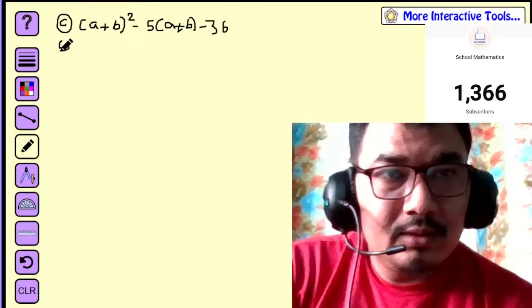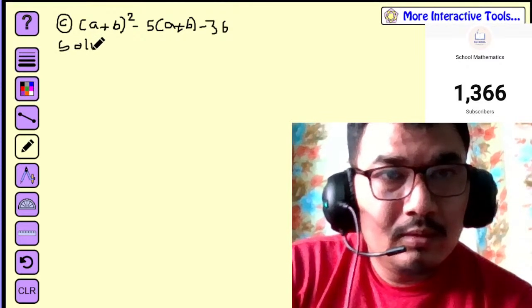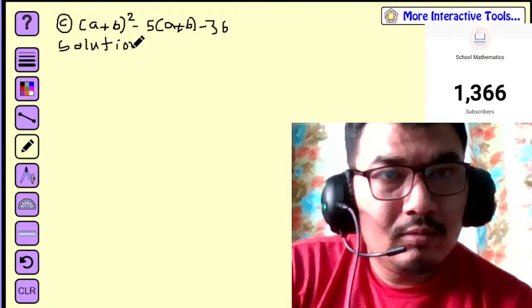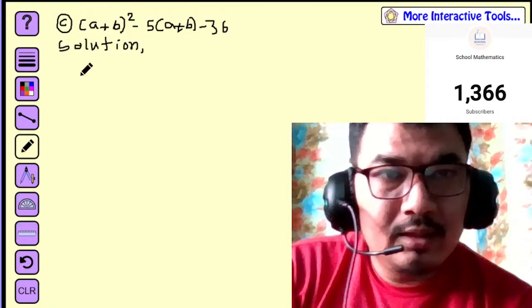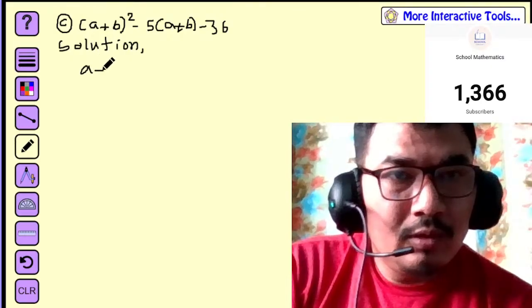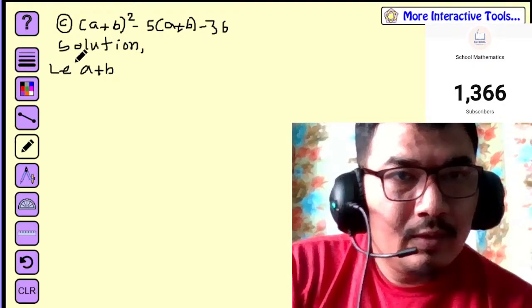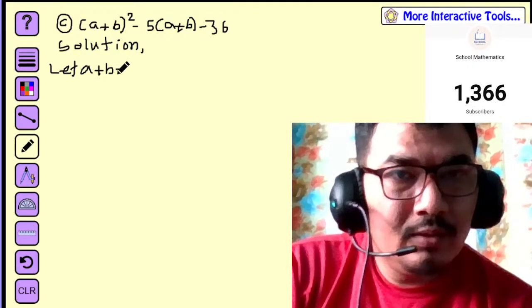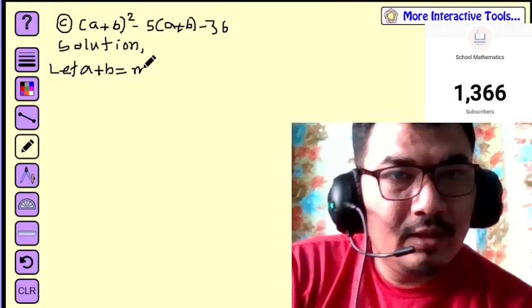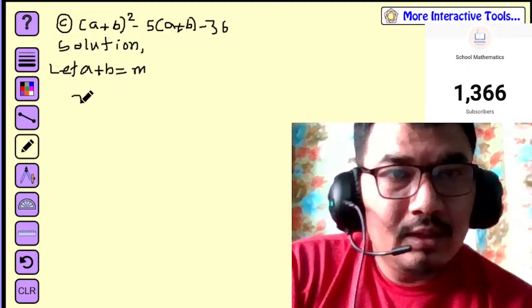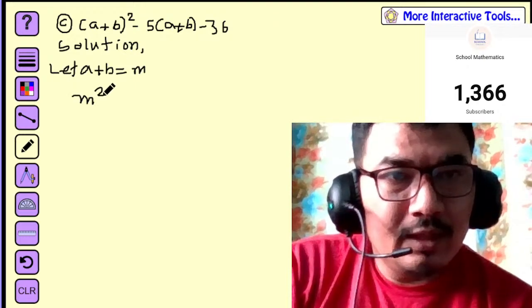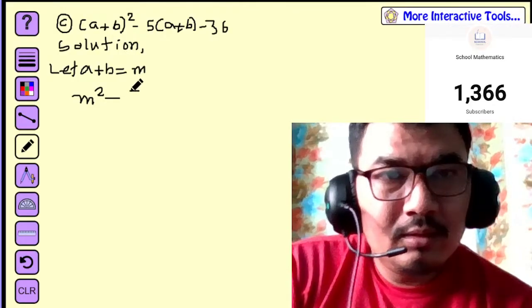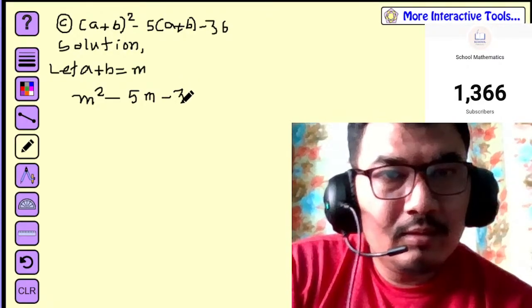Now while solving, let's write the solution. Here is also a plus b, so we are supposing a plus b equals m. We can write any other alphabet also. Then it will be m square minus 5m minus 36.